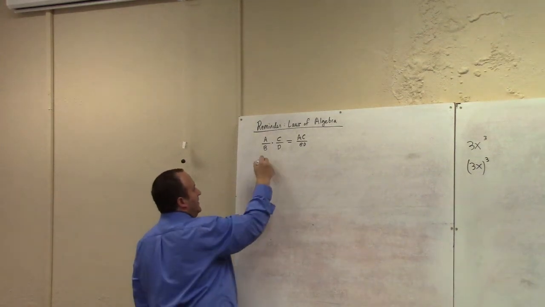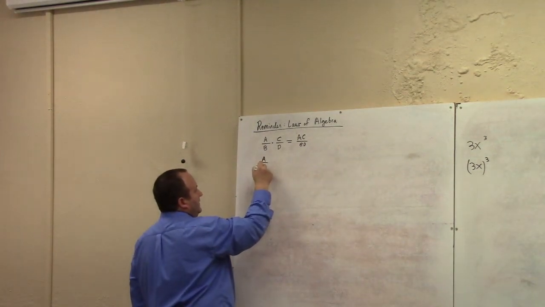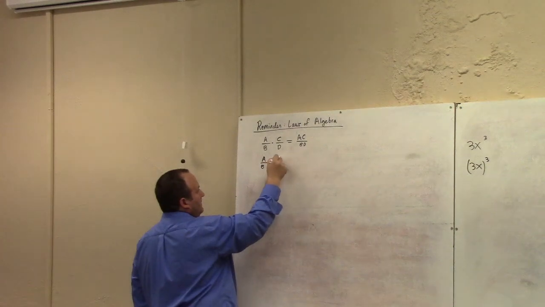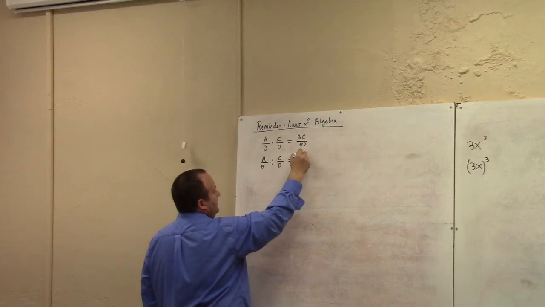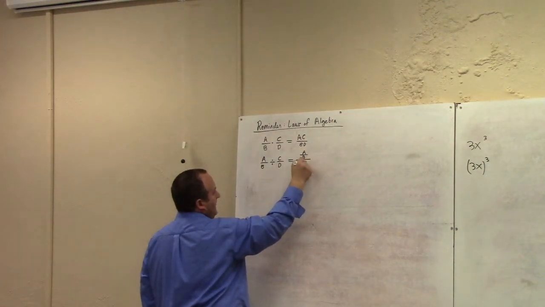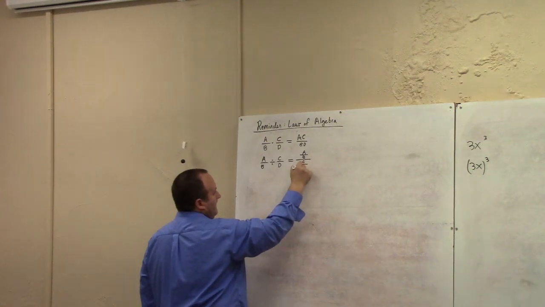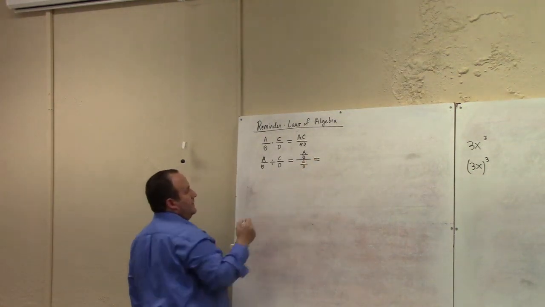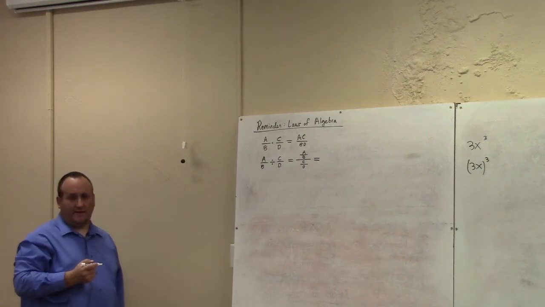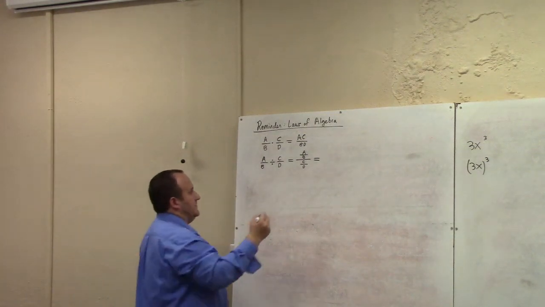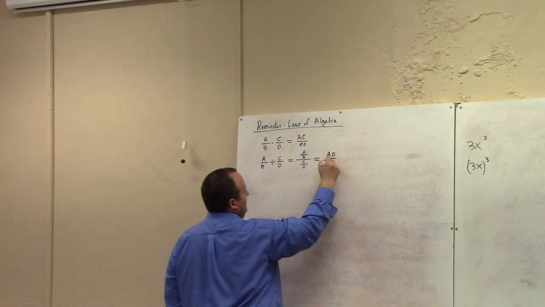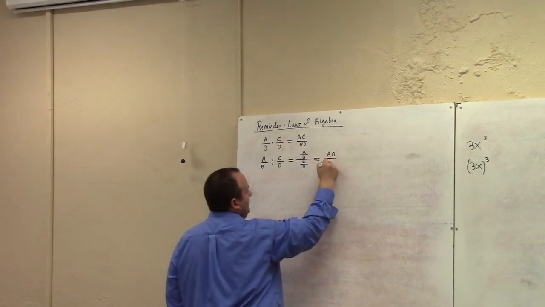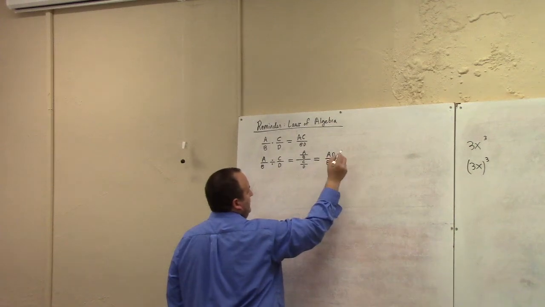If we have, on the other hand, a over b divided by c over d, then we can also express that as a compound fraction, right? And that is nothing more than AD over BC.